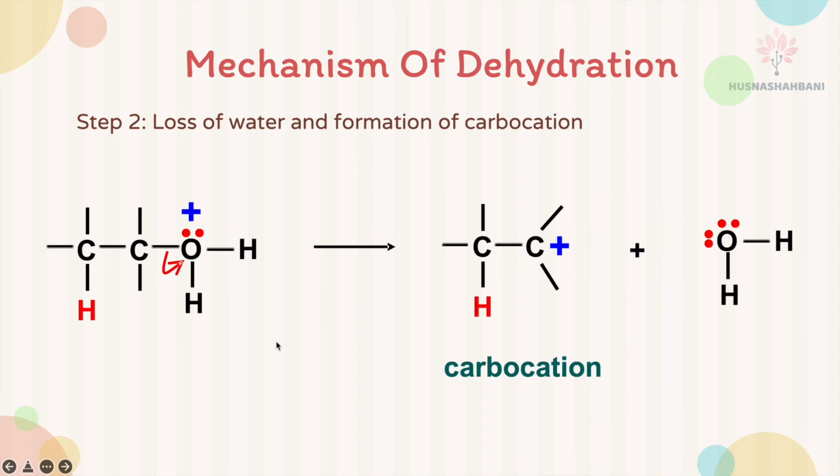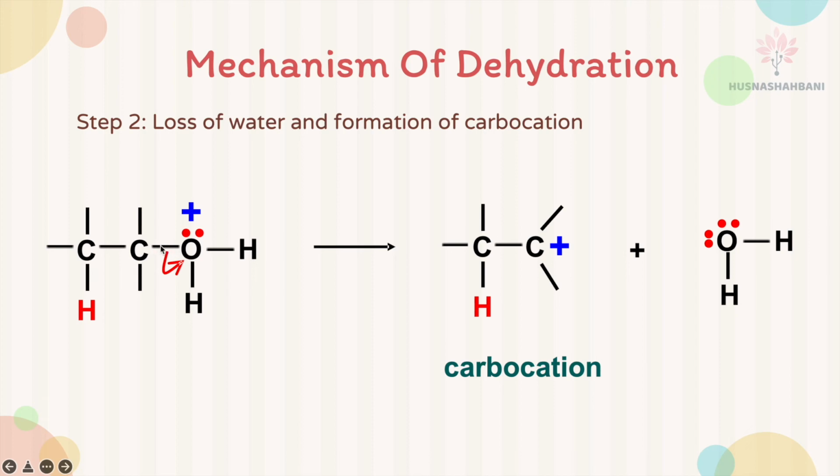The second step is loss of water and formation of carbocation. We have H2O in the protonated alcohol. Since this oxygen is positive, and oxygen does not prefer to be positive, it uses the 2 carbon-oxygen bonding electrons.